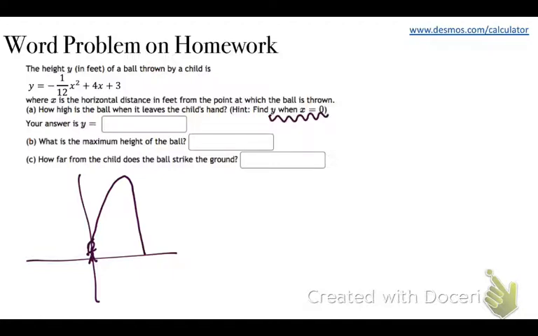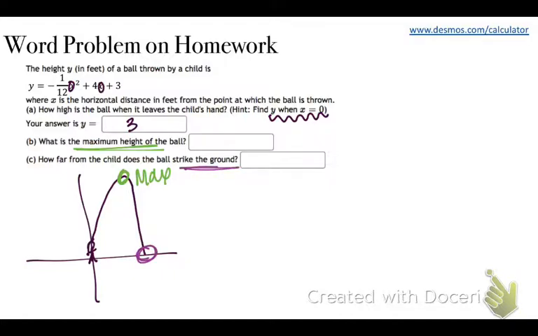So you plug 0 in here, and you end up getting 3. That means this kid is 3 feet tall, and he's throwing a ball up as high as he can. The maximum height of this ball is right here, so that's what this one is asking. And then when it strikes the ground, that's right there where it crosses the x-axis.